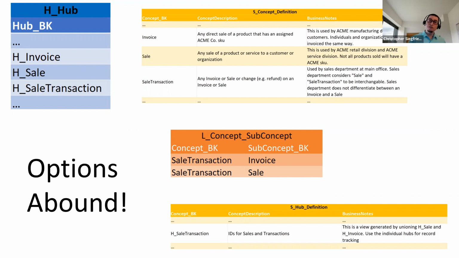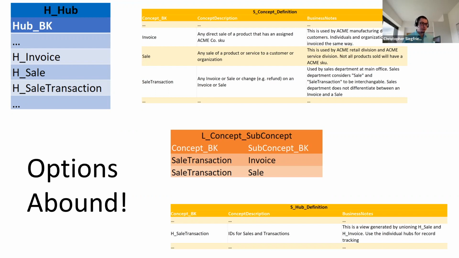And because we have metadata available, we can say, hey, the hub sale transaction is actually both hub invoice and hub sale combined. It's just a view. And we specify that if you need to do any kind of record tracking, go do it on the original hubs. And we can even make this helpful link, L concept, sub concept, because we are talking about concepts.